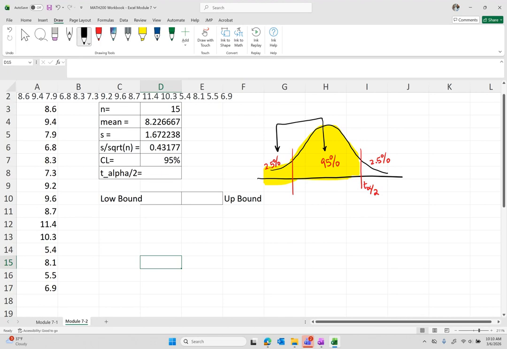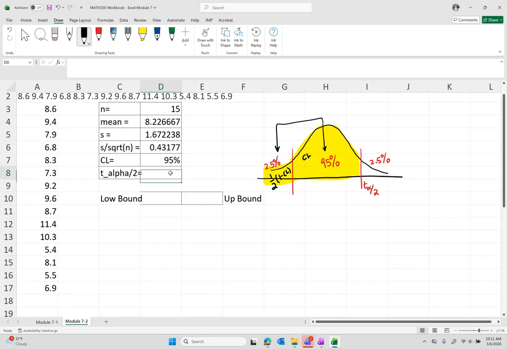So if I wanted to change my confidence level to 90%, I would like Excel to automatically add 90% plus half of the remaining. So what I'm going to do is I'm going to say that this sum in the general case is the confidence level probability plus one half of 1 minus the confidence level, which is the alpha. So I want confidence level plus half of alpha to be on the left, and I need half of alpha to be on the right. So that's what I'm going to do.